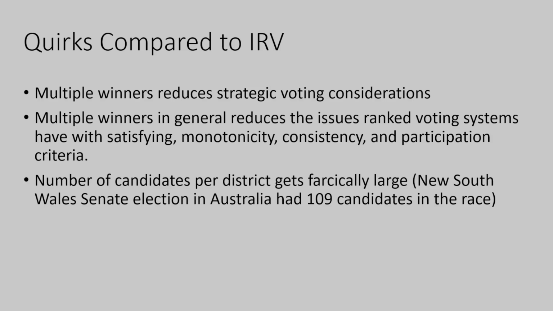And it also reduces the flaws of IRV because, yes, STV still does not satisfy monotonicity, consistency, or participation criteria, but since it has multiple winners, it's much less likely that any individual voter is going to suffer from any of those.